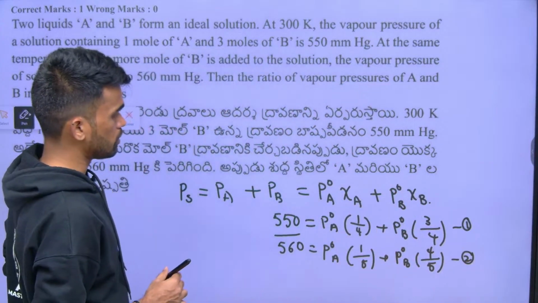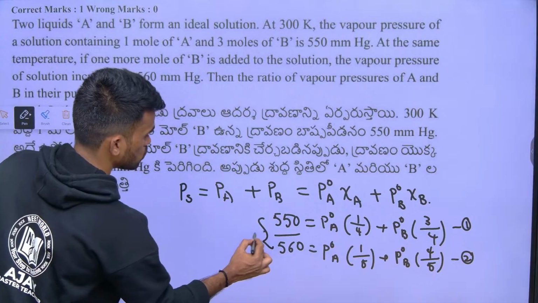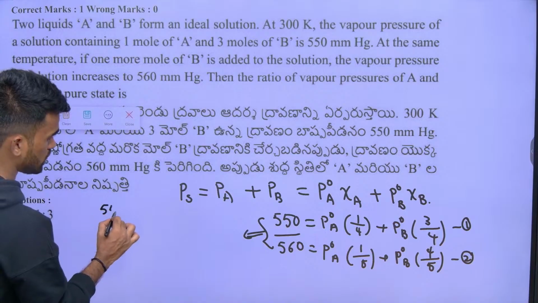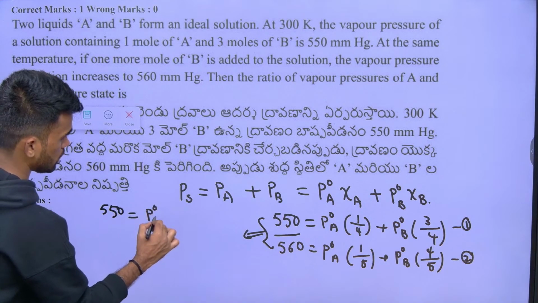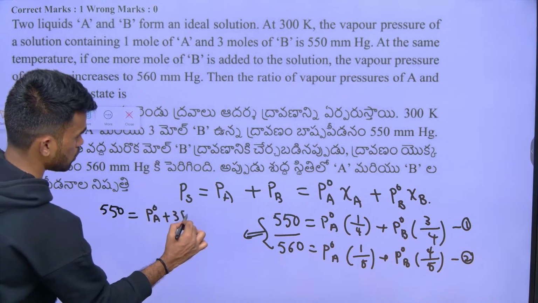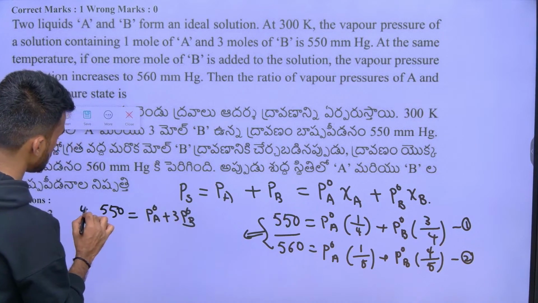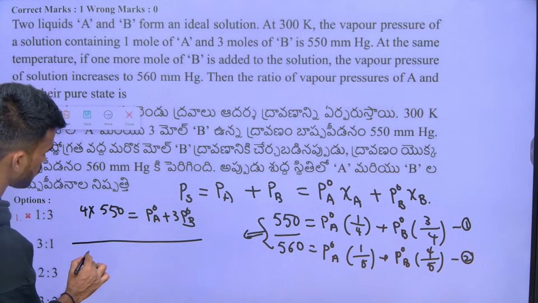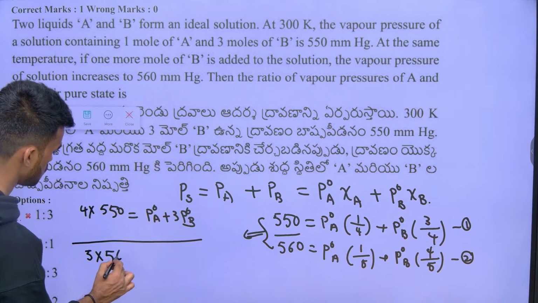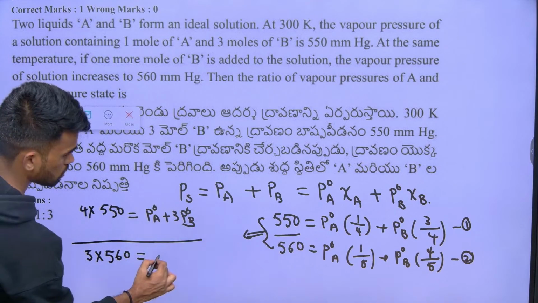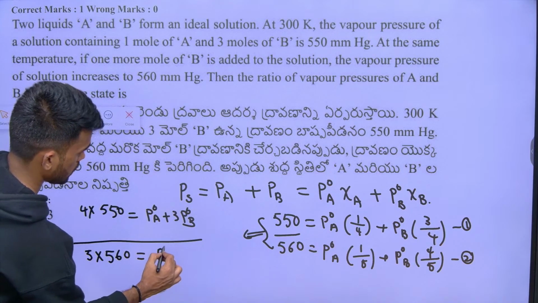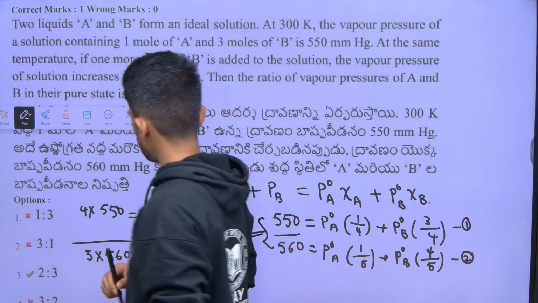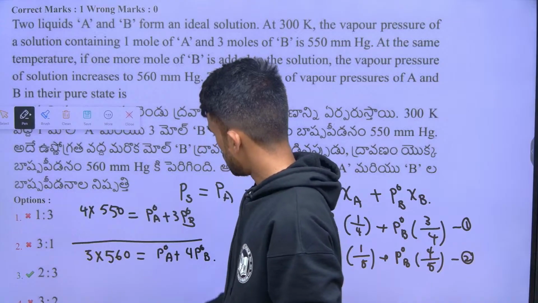Now from these two, what can we write? First, 550 equals P naught A plus 3 P naught B by 4, so 4 into 550. Similarly, this will be 5 into 560 equals P naught A plus 4 P naught B. So like this we can write, and you can simplify this.